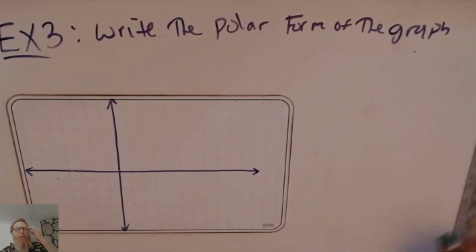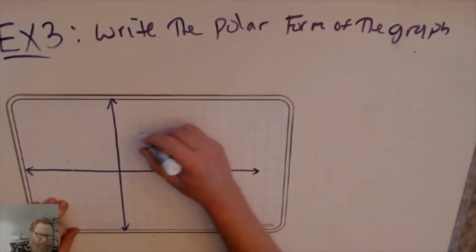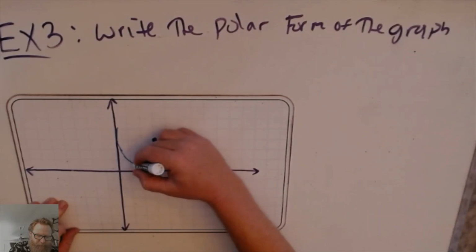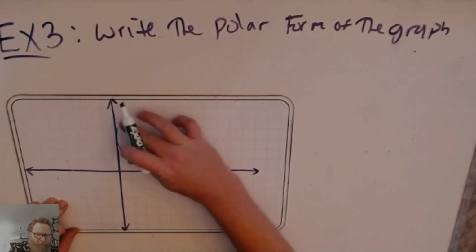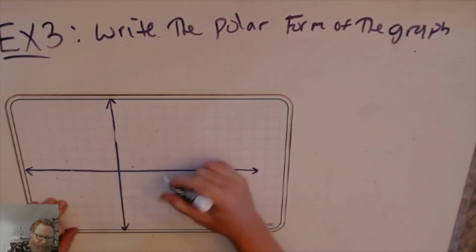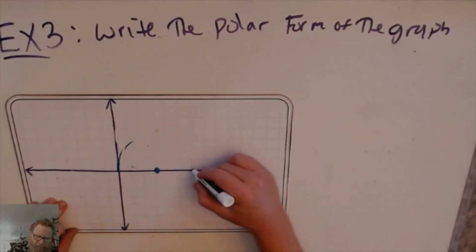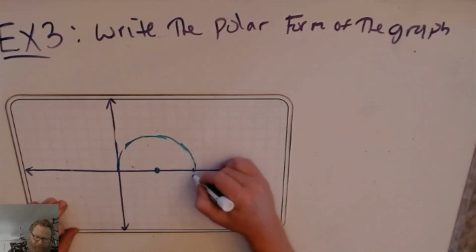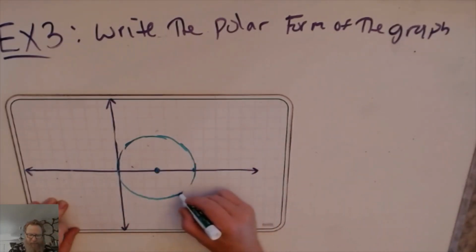Now, when we're using polar form, it's very common to have a circle that is tangent, sort of reminiscent of the calculus concept that we'll be learning next semester. So the circle is tangent, in this case, to the y-axis.